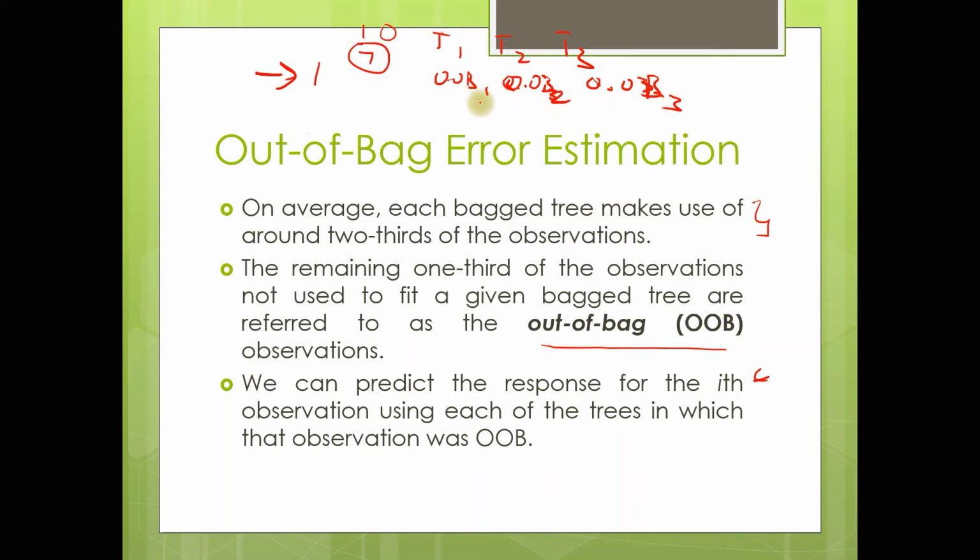So now what is going to happen is that we are going to have a look at the prediction that we get when we have run the tree over all the observations. When we've run the tree over all the observations, this one is out of bag. So what we just need to do is to check the result that we get on that out of bag observation through the training set that was applied for that tree to be out of bag.